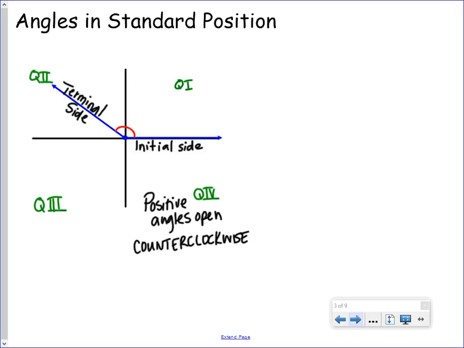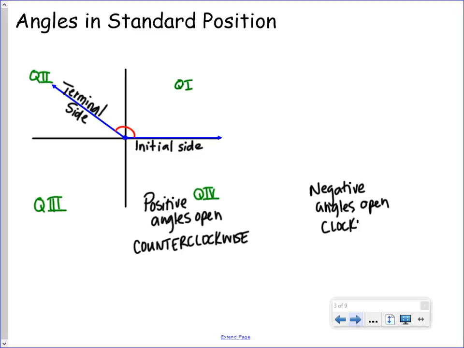If we're saying that it's positive, then it follows the order of the quadrants. So it opens quadrant 1, 2, 3, 4. That's counterclockwise, or that's a positive angle. If you were to open in the opposite direction and follow the quadrants 4, 3, 2, 1, then you would be a negative angle. So write down: negative angles open clockwise.